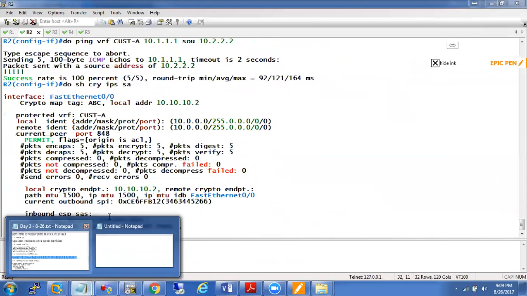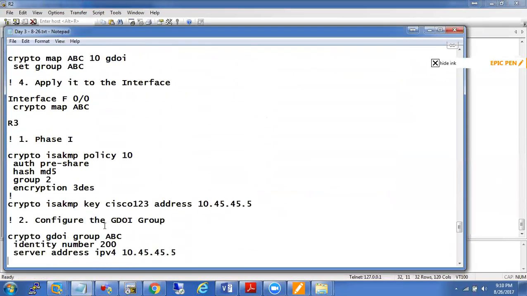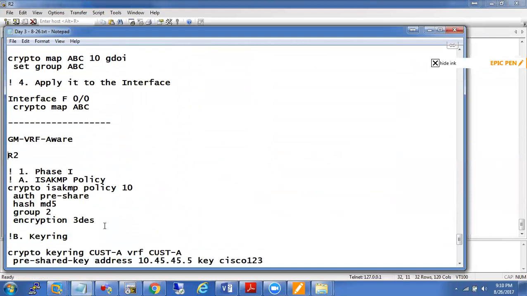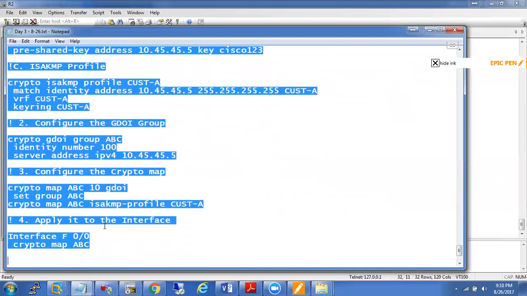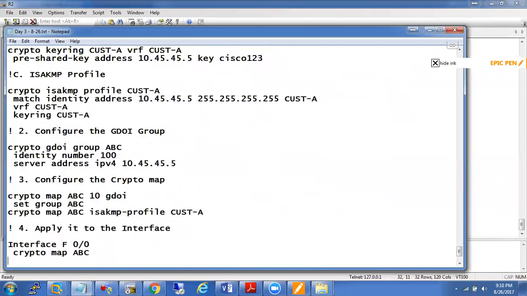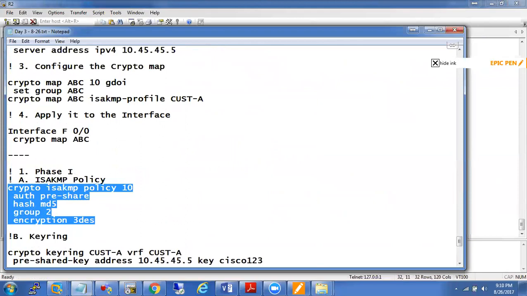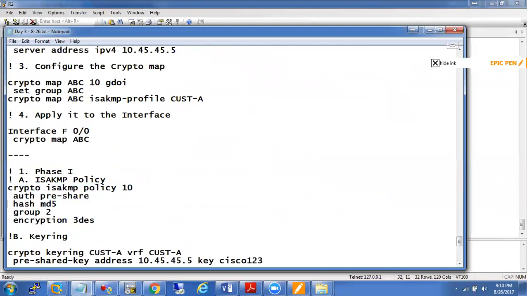I still have the other side to take care of, which is this guy over here. Copy. This one I don't need to redo because it's the same policy, because it's the same router.